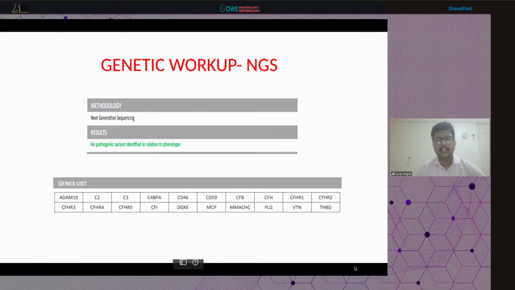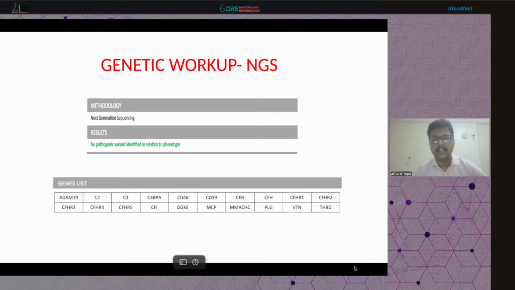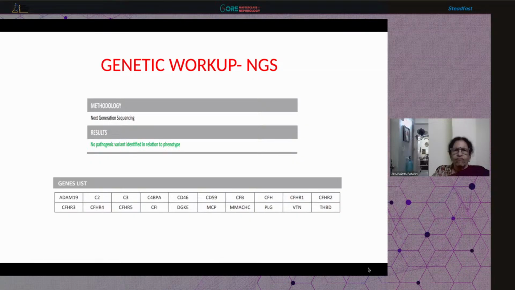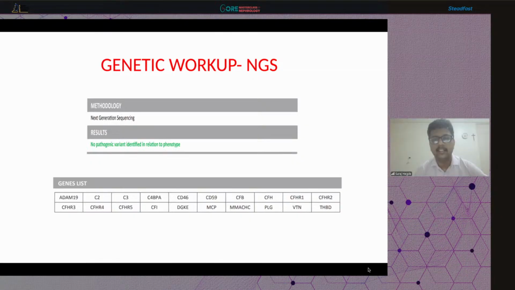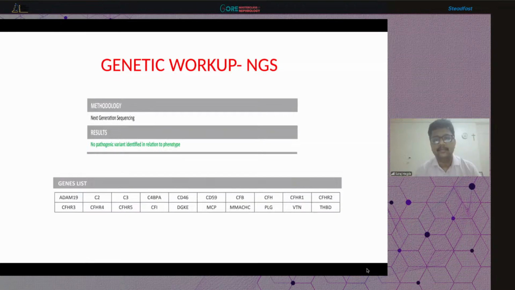Yes, sir, you can have, because there may be mutations which have still not been detected, which can contribute to atypical HUS. MLPA can detect the copy number variants in CFHR, sir, so that was not done. It was mainly next generation sequencing. So the possibility is still there. In 30% of the patients you may not find anything. Okay.